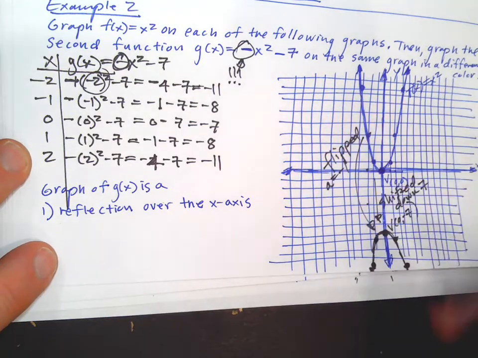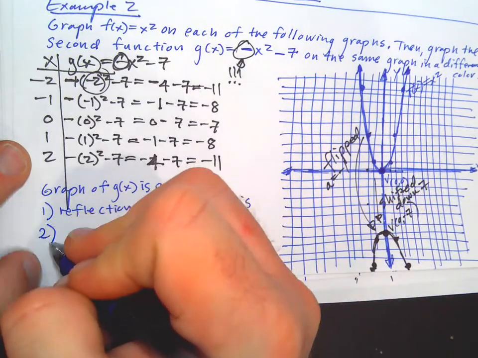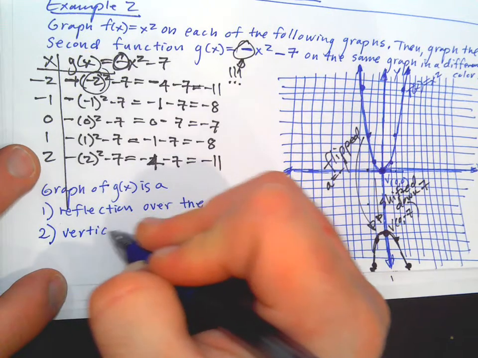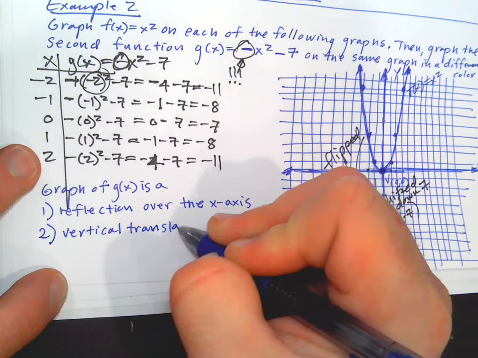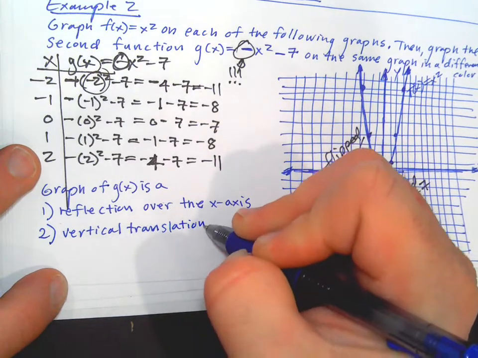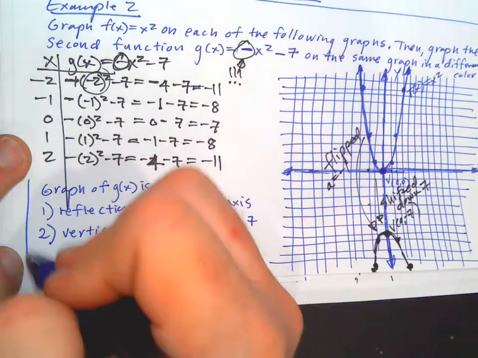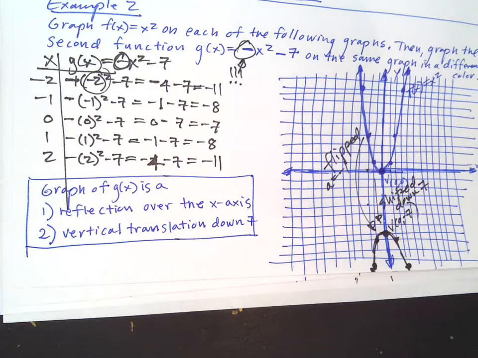Cross the x-axis right here, so that means you're flipping across the x. The other change was that it's also a vertical translation. Translation is a fancy word for moving it up and down, left and right. Translation down 7. So this is the comparison part of your answer. Okay. All right.